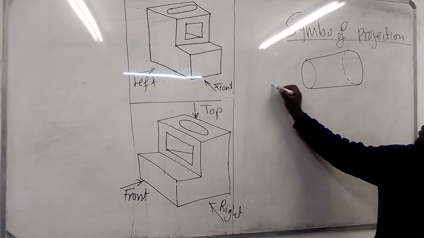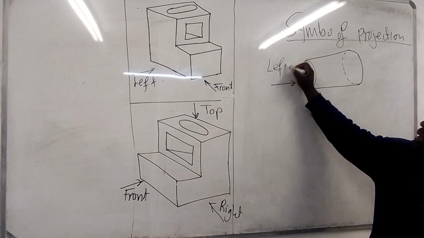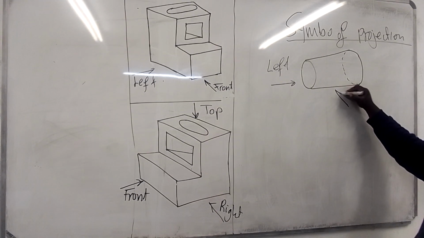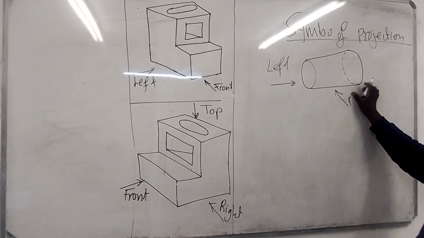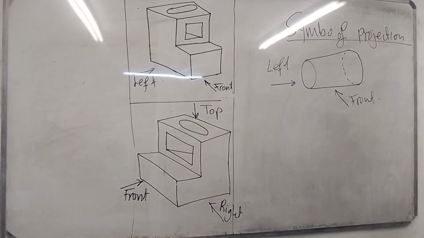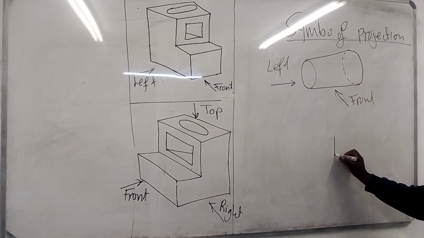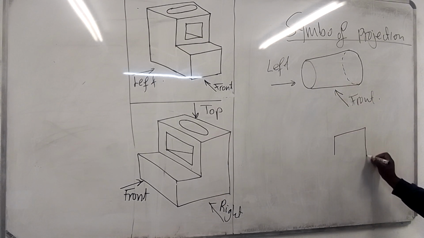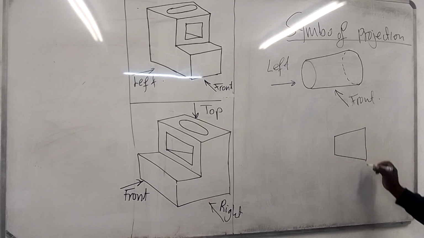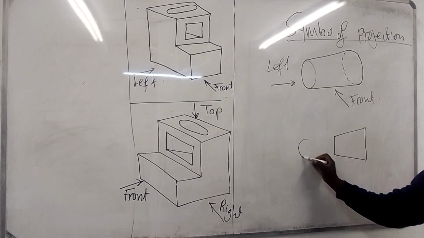You are looking from this side, which is the left, and you are looking from this side, which is the front. That's where the symbol comes from. When you look from this side, you draw what you see from the front. When you look from this side, you draw what you see.